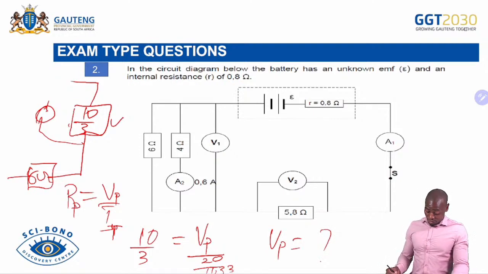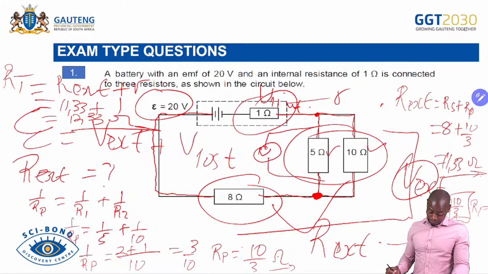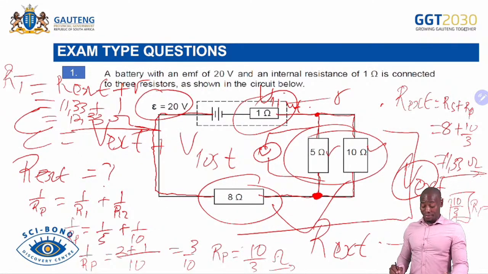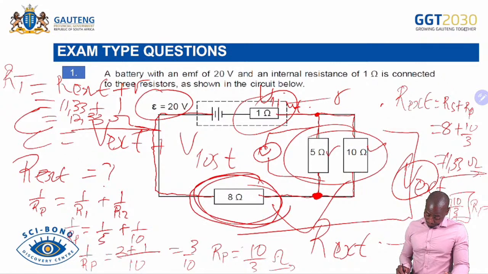Another one that you can use, let's go back and check. Right. Another method maybe that you can use. Already, you know the current here. This is the total current of the circuit. So what you can do, you can calculate the potential difference across that 8 ohm resistor, right?